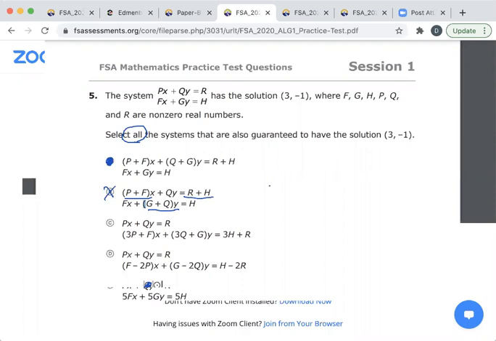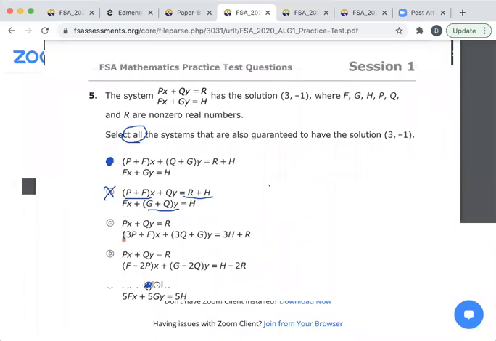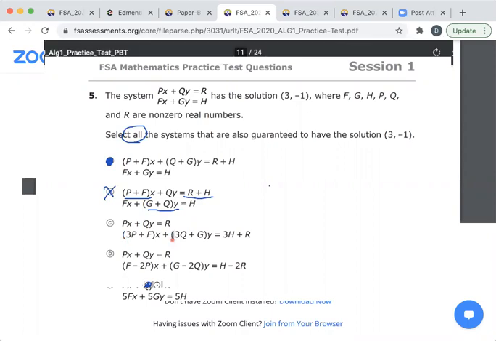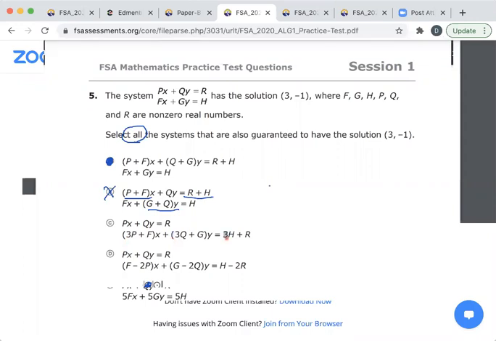If we look at C, remember we're looking for a consistent change all the way through. So the first equation, px plus qy equals r, is the same. And if we look at what they did to the second one, let's see, 3p plus f. So they're adding 3p to it, and then 3q plus g, and then 3h plus r.